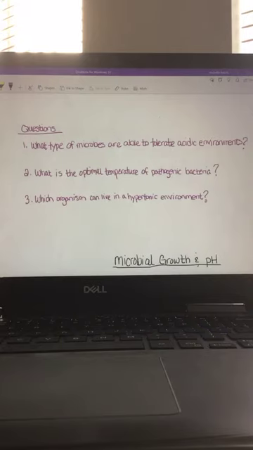Question number 1. What type of microbes are able to tolerate an acidic environment? We talked about that yesterday. What is the optimal temperature of pathogenic bacteria? We talked about that a couple of days ago. And today, which organism can live in a hypertonic environment?